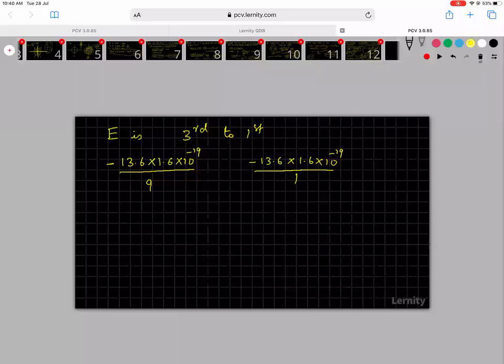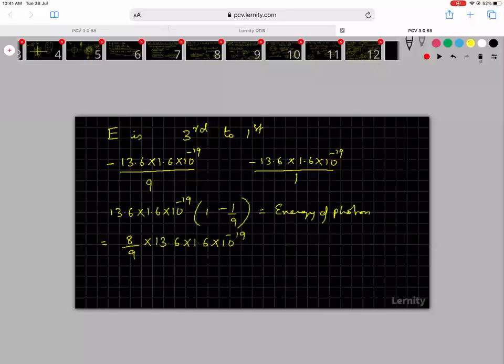So the difference in the energy will give me the energy liberated. So it will become 13.6 into 1.6 into 10 power minus 19 into 1 minus 1 by 9. So this is equal to energy of photon. That is the radiation. So it is 8 by 9 into 13.6 into 1.6 into 10 power minus 19. So I just need to calculate this and answer in joules.